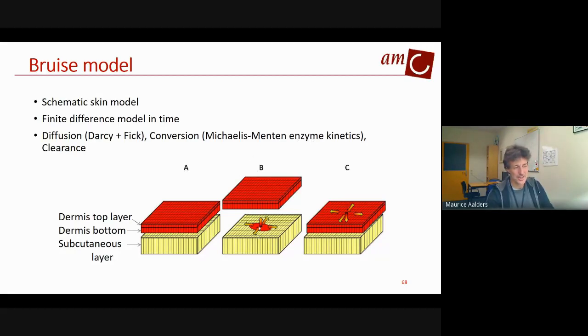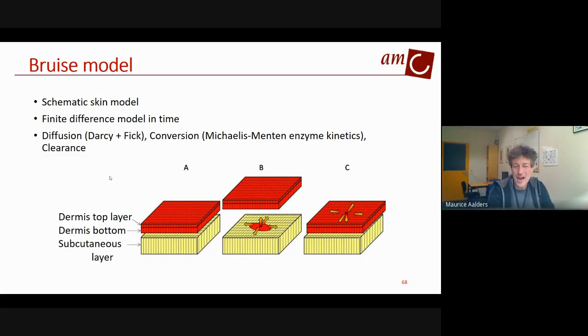So the hemoglobin here is slowly converted. And we have diffusion of hemoglobin in the skin outwards, so to the different cells in the finite difference model. These are the motors that drive the diffusion. So there's active diffusion because there's blood pressure pushing the blood in the skin, making it diffuse. And there's passive diffusion because there's a high concentration of blood at some location and a low concentration here. So that's passive diffusion.